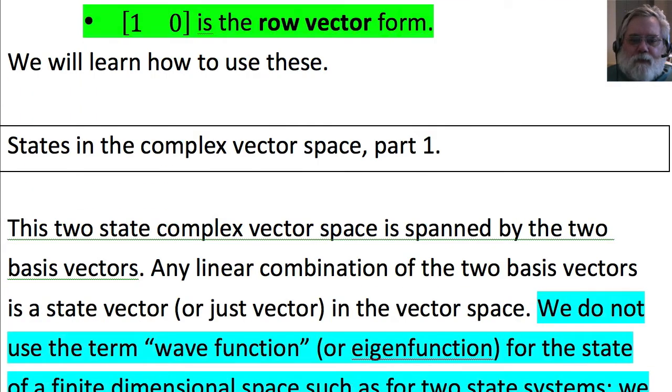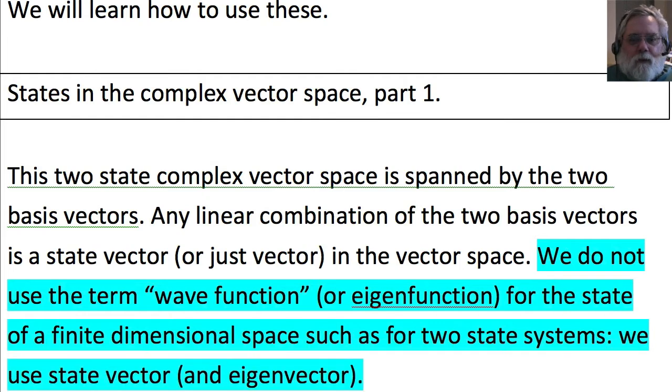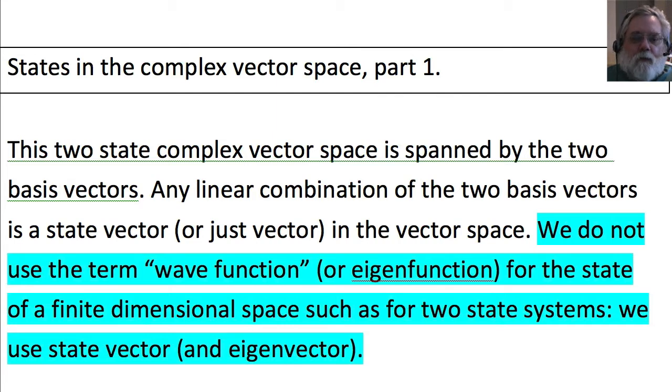States in the complex vector space, Part 1. Part 2 will be in this lecture after we cover the material. So this two-state complex vector space is spanned by or reachable by the two basis vectors.